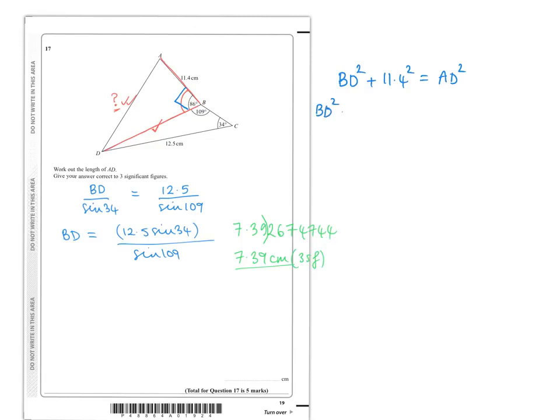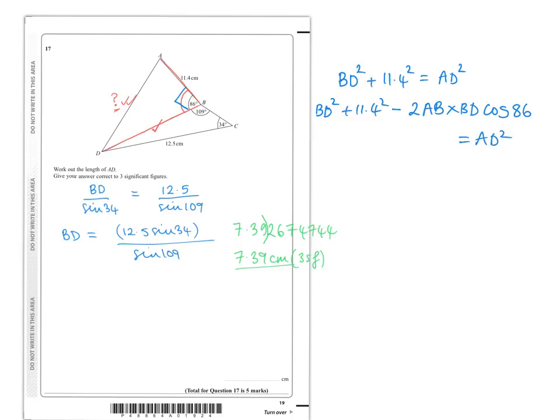So I'd have BD squared plus 11.4 squared minus 2AB times BD cos 86 equals AD squared.